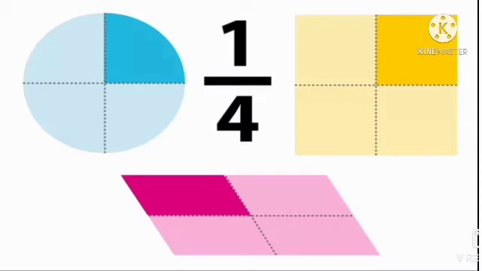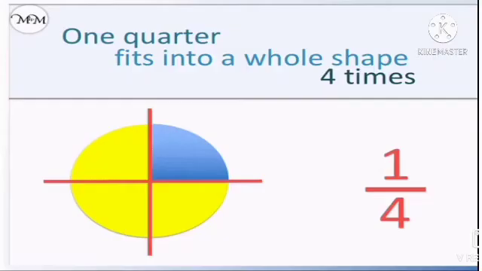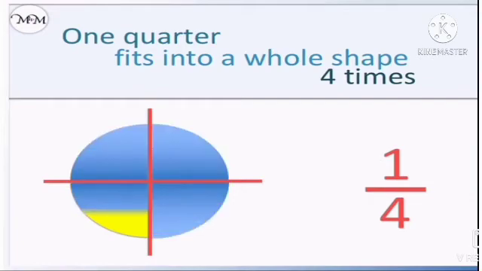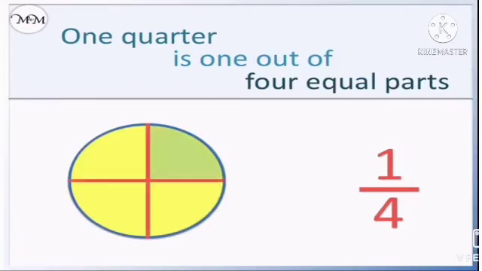So what is the darker shaded portion? Yes, it is 1 over 4. 1 over 4 can also be read as quarter. 1/4 fits into a whole shape 4 times. Let us know 1/4 is 1 out of 4 equal parts.